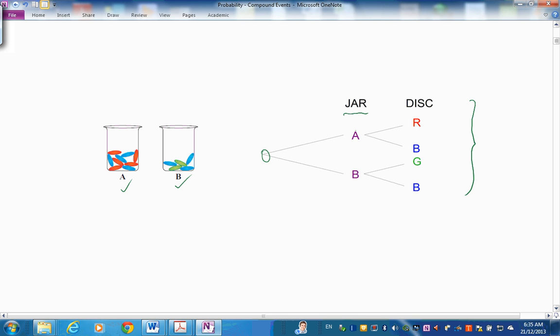You could choose jar A or jar B, and having chosen jar A, you could choose a red or a blue. So what would be our outcomes over here? Our sample space will be AR, AB, or jar B with a green, jar B with a blue. Okay, coming along this pathway to there.